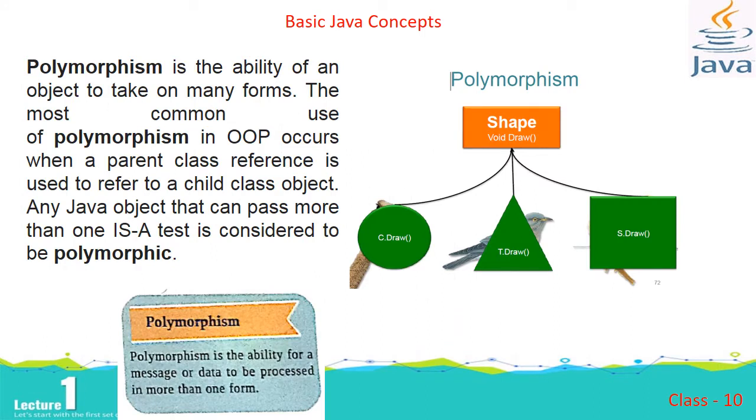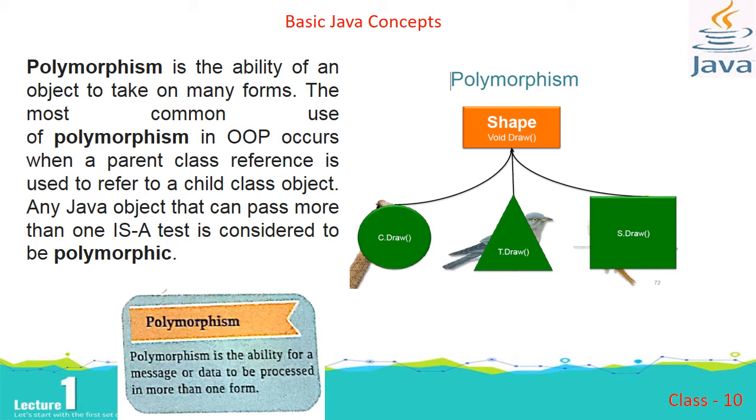The last is polymorphism. Polymorphism is the ability of an object to take many forms. The most common use of polymorphism in OOPS occurs when a parent class reference is used to refer to a child class object.